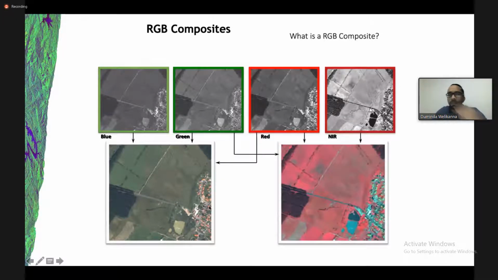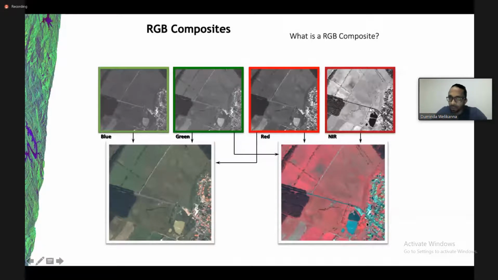But if we change the composite, what we do is we give near infrared to red, red to green, and green to blue. This is a change. What happened now? The near infrared band is showing the red color. So what we see by red is always vegetation, right?